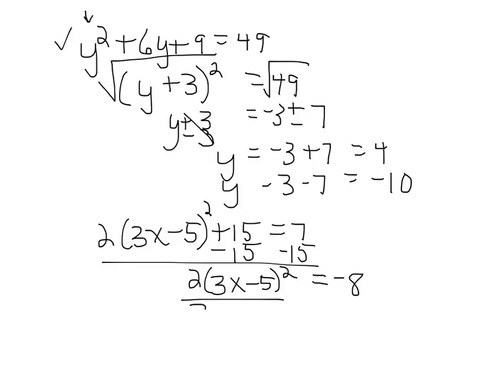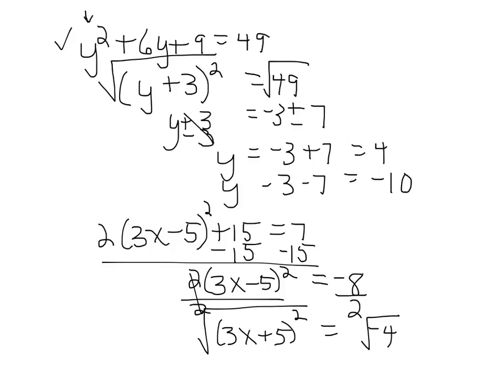Now, we could stop right there, but I'll keep going so you can see why. 3x plus 5 squared is equal to negative 4. And here's why. The square root of negative 4 is not a real number. So there are no real solutions.